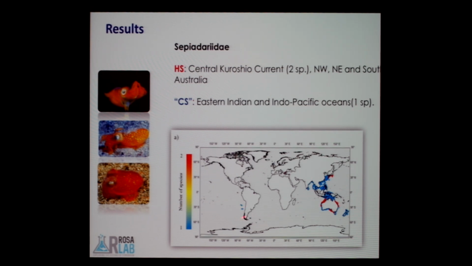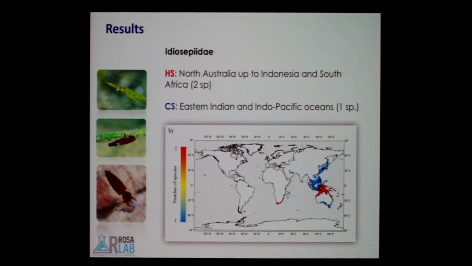We have to confirm this because we found in the databases 1 species on these Chile islands, so I definitely want to look at those again. For the next group, the 2 hotspots are North Australia and Indonesia, and South Africa. And then we have 1 species in the eastern Indian and Indo-Pacific oceans.